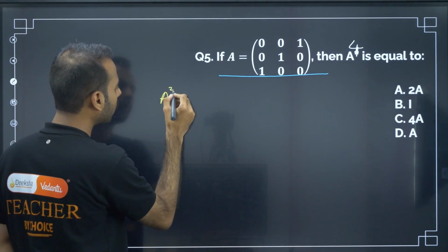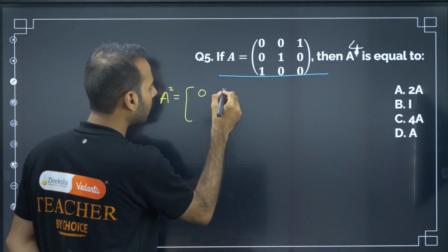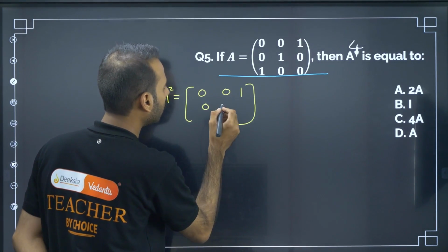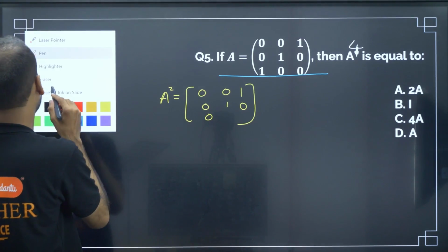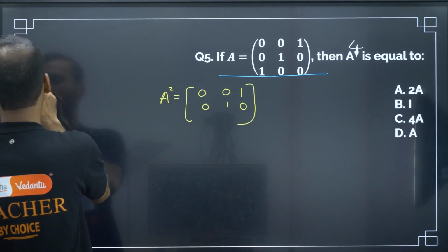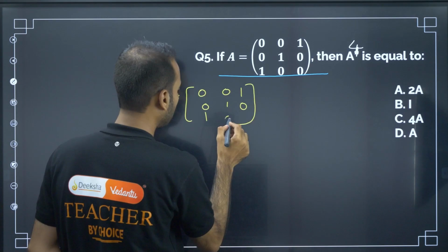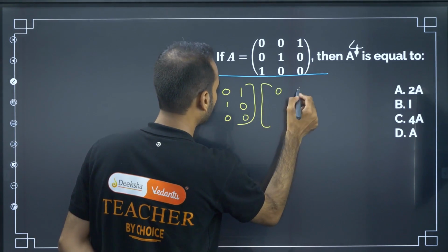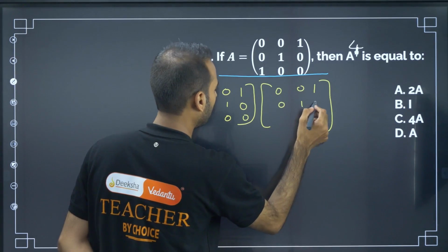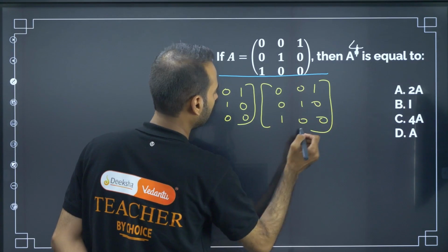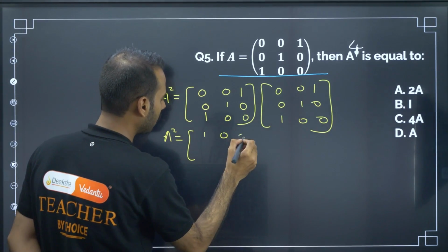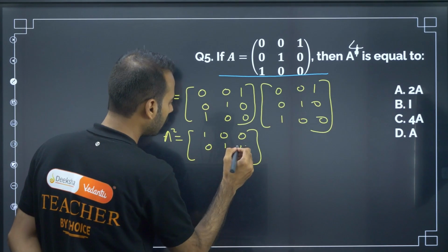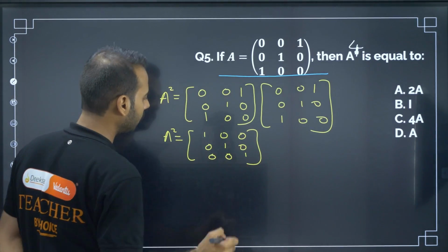Now if I find A square, to find A square: 0 0 1, 0 1 0, 1 0 0 multiplied by 1 0 0, 1 0 0, 0 0 1, 0 1 0, 1 0 0. So A square is equal to 1 0 0, 0 1 0, 0 0 1.